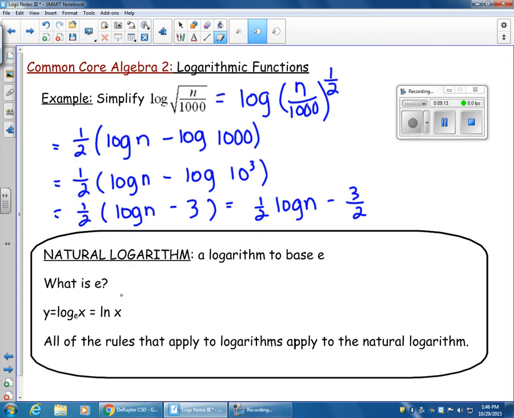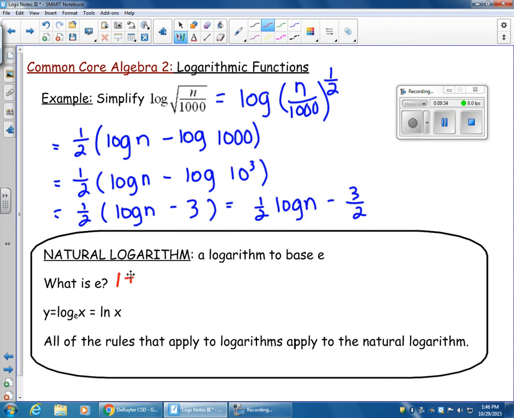So going back to what is e? E is an irrational number. It's actually a limit, which you guys haven't learned yet because that's calculus. But it's the limit of adding up the sum of these numbers.